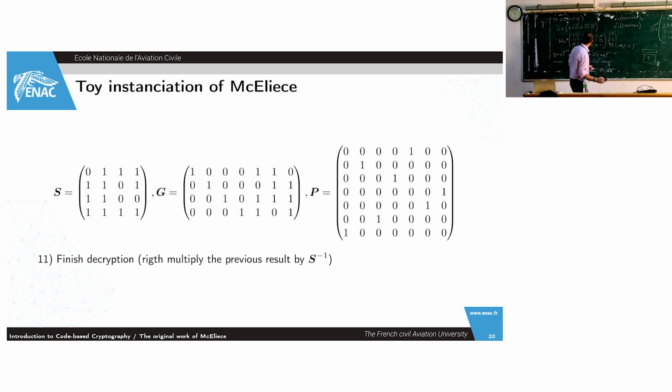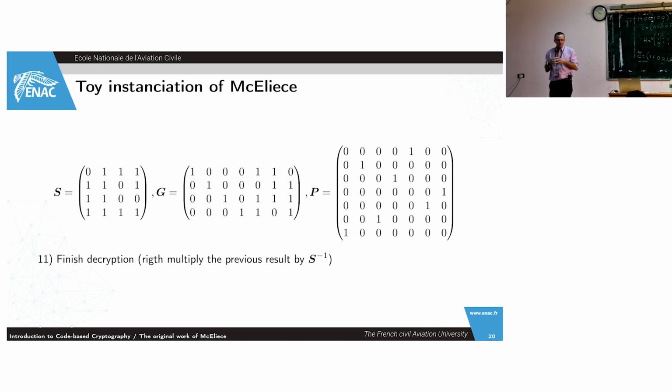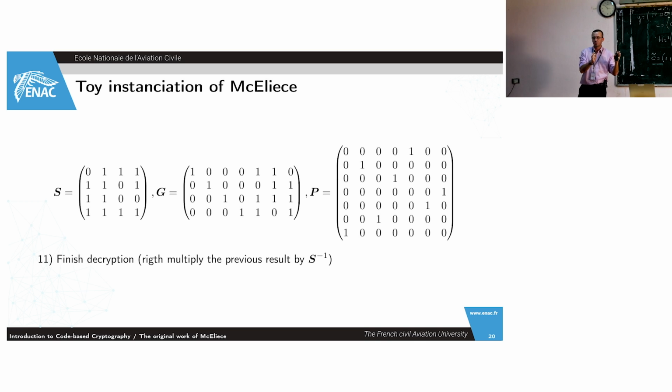So I will erase this part and say that we have this C tilde, which is equal to 1, 1, 0, 0, 1, 0, 1. Okay. But as I said, and this is important here, when I apply my decoding algorithm, it should give me a word of 4 bits, not 7.